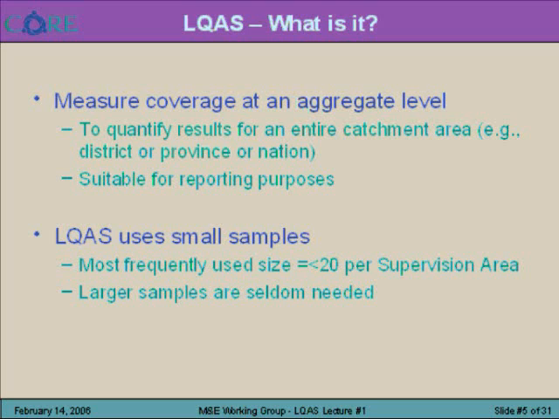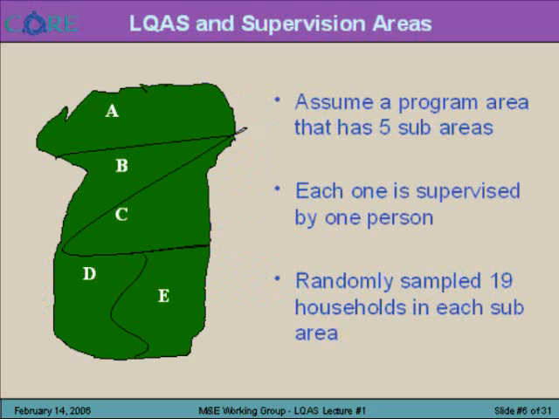With such a small sample, we will be able to obtain statistically significant results to make informed decisions either at the local level or for the entire catchment area. Larger samples are rarely needed to make those management decisions.